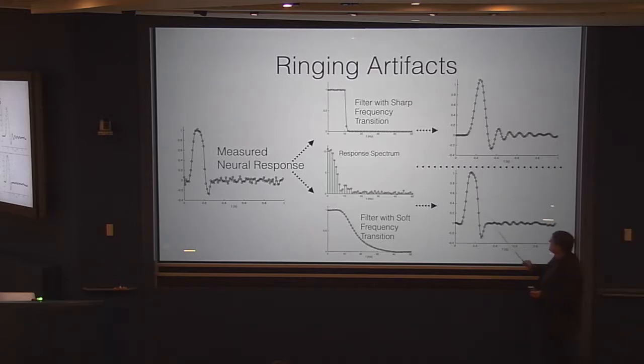What's also nice is that we've got the relative peak sizes correct. We've got the relative peak widths correct. So this is a case where the soft frequency transition, leaving some of the noise in, is much better than harshly removing everything you consider to be bad and just assuming that because it's such a beautiful looking filter that it will do the right thing.